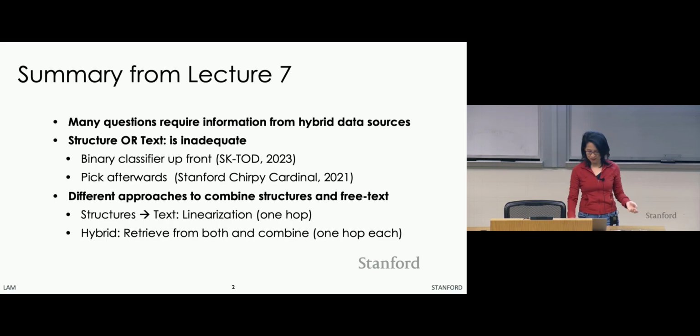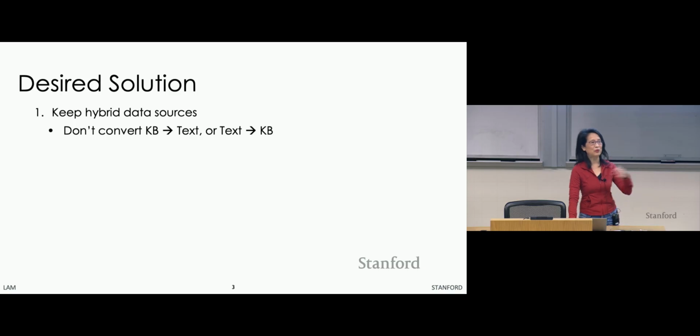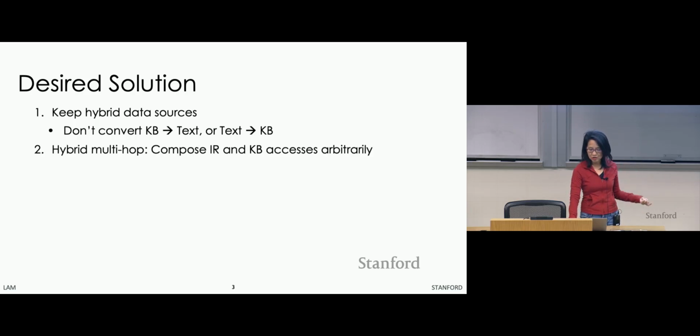So now what do we do? Well, you already know, we've discussed the solution, but I just want to walk through what the goals are here. You want to keep the hybrid data sources. You don't want to smash your knowledge base into text, and you don't want to turn text into knowledge bases. You have to do multi-hop.